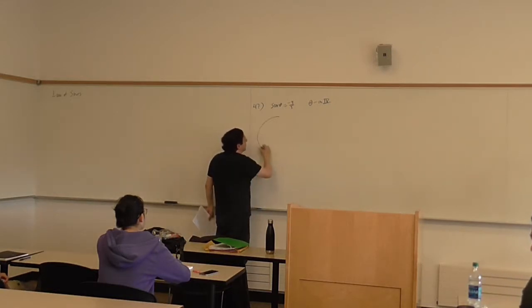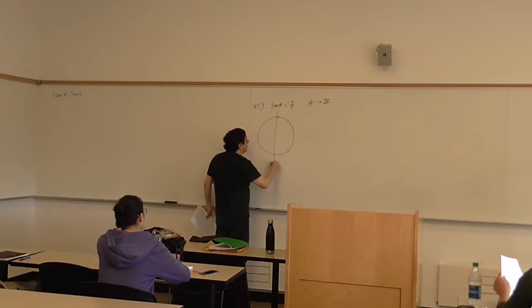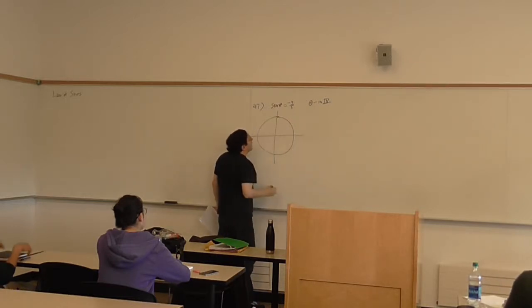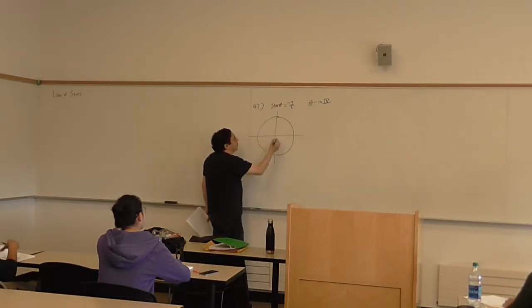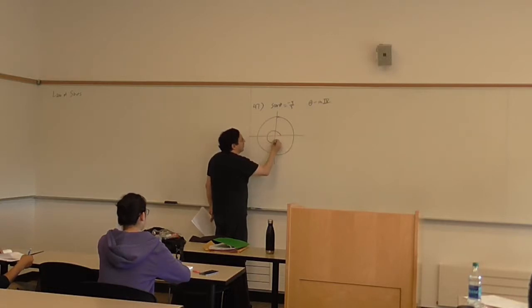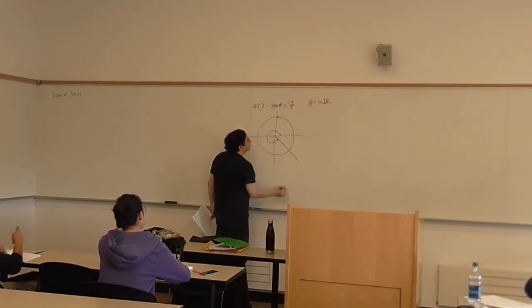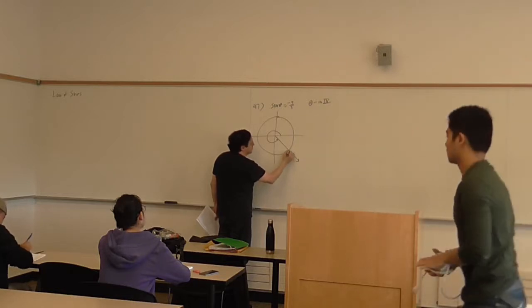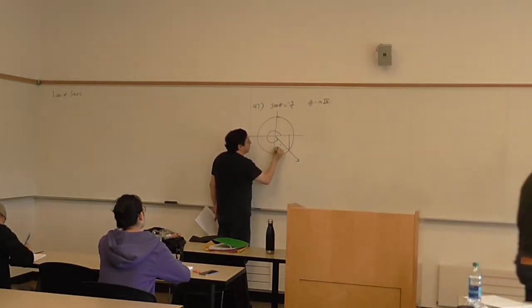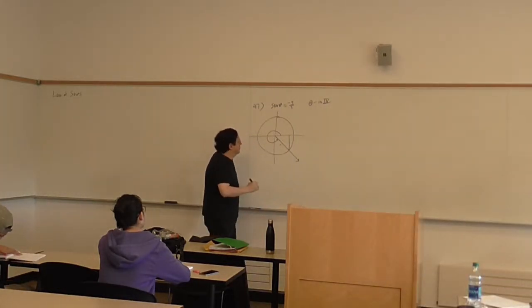So let's just take a look at the unit circle. And we know that theta is around here in the fourth quadrant. Of course, the hypotenuse is still 1.